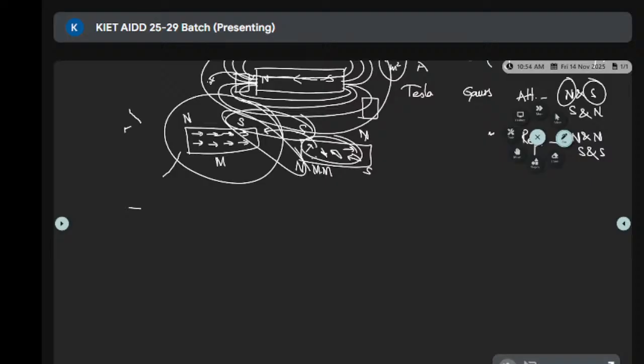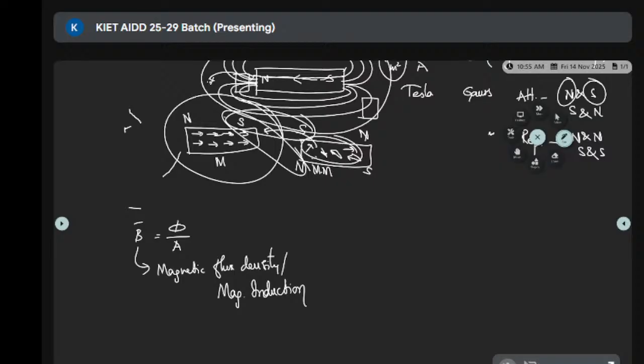Magnetic flux present in the unit area is called phi by A, which is called B. What is B? Magnetic flux density or magnetic induction. So what is magnetic flux density?